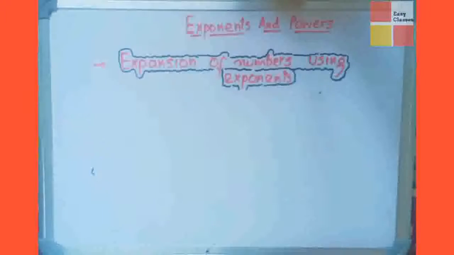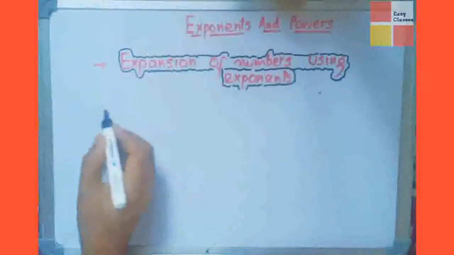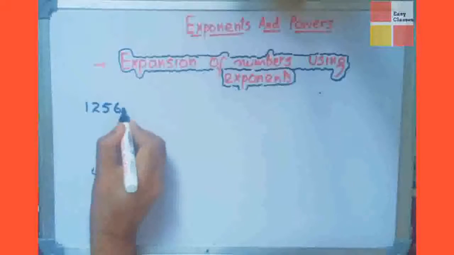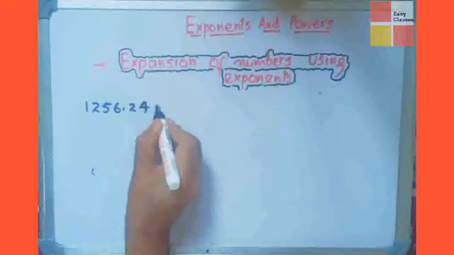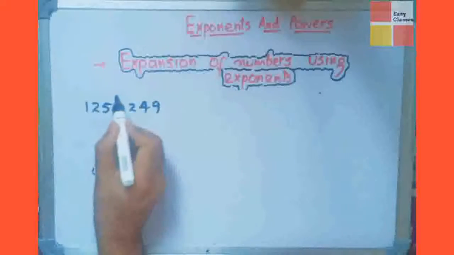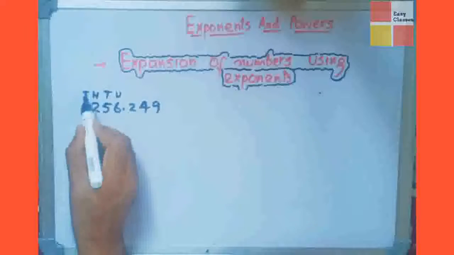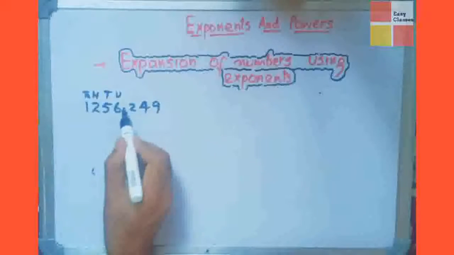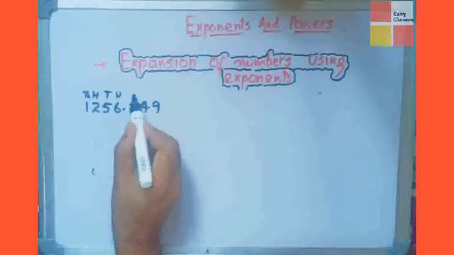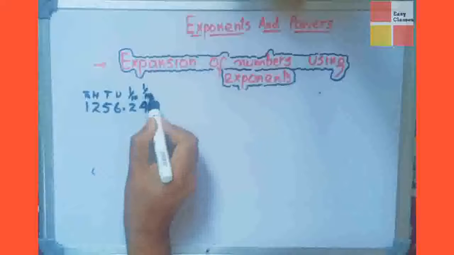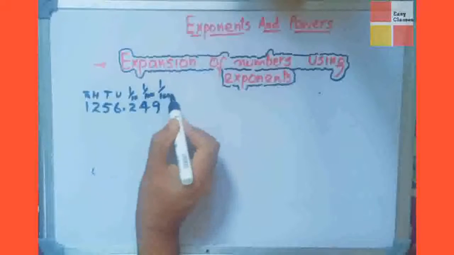Let's take another example. The example is 1256.249. We know that this is units place, or ones place, tens place, hundreds place, and thousands place. Okay, then the digit next to the decimal is occupying 1/10ths place, okay, 1/100ths place, 1/1000ths place.